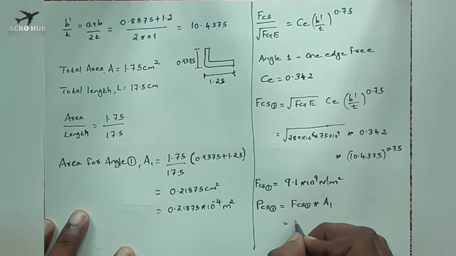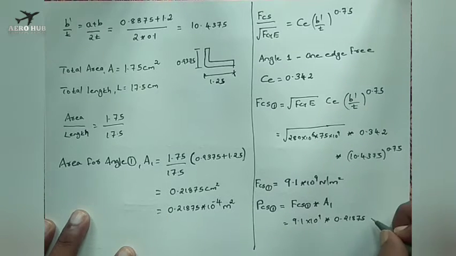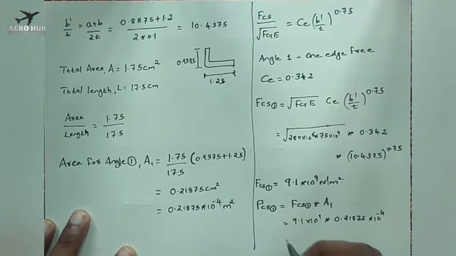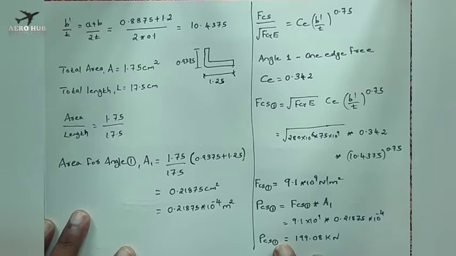That will be 9.1 into 10 power 9 multiplied by 0.21875 into 10 power minus 4. So I will be getting the answer as 199.08 kilo Newton. This is the value of PCS for section number 1.